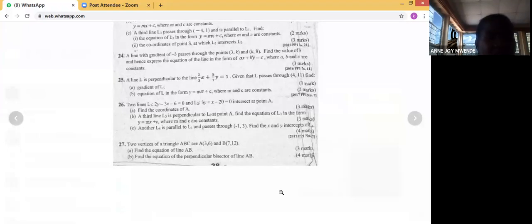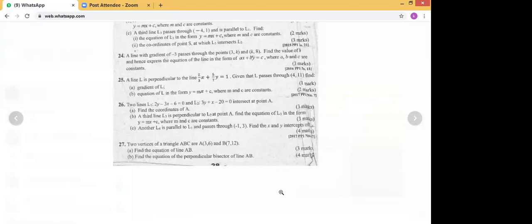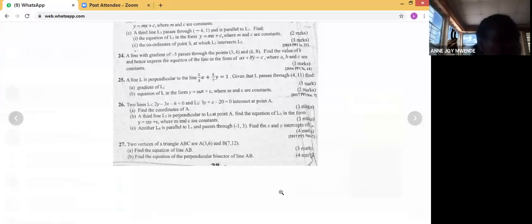Find the coordinate of C. Could you please repeat the question? Given that AC is perpendicular to MB and the equation of line BC is y equals -5x plus 47. Find the coordinate of C.